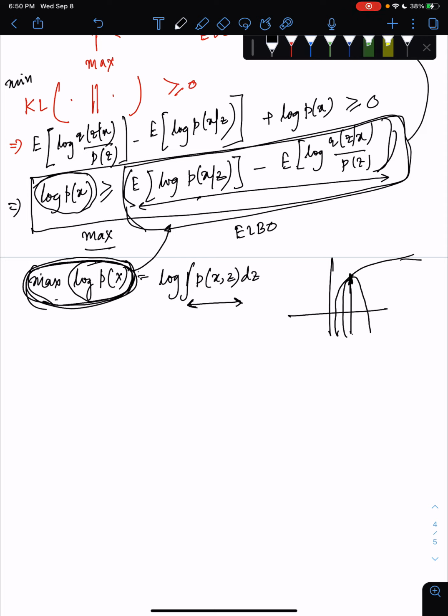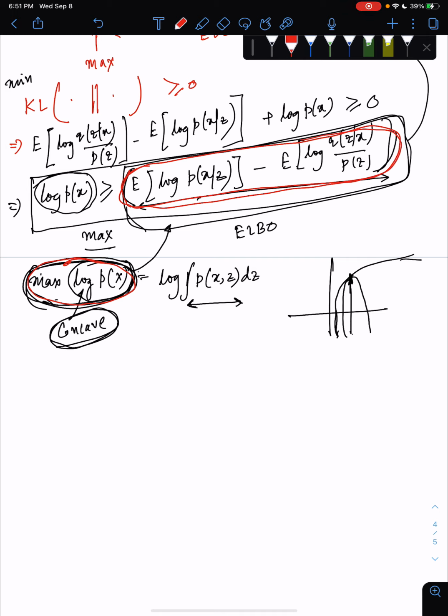This log is a concave function. We can use Jensen's inequality, which will give us this particular ELBO loss. As our job is to maximize this log, we can do that by maximizing this ELBO loss. So this is the loss function of the variational autoencoder.